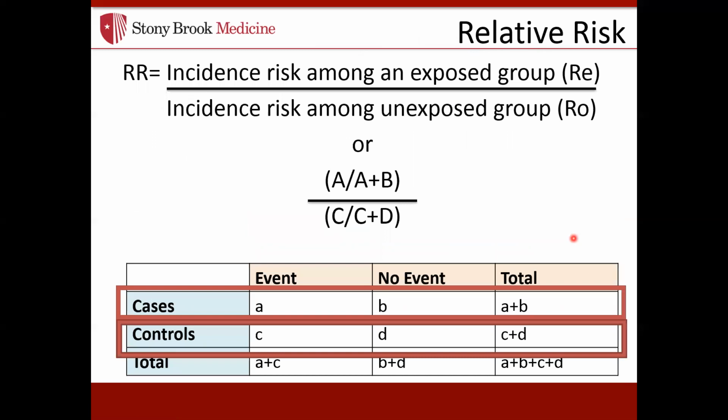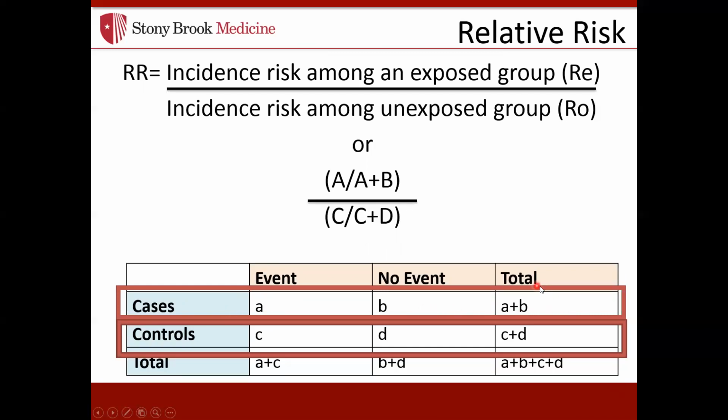So the first calculation we're going to look at is relative risk. And this is looking at the incident risk among an exposed group versus the incidence risk among an unexposed group. So how to calculate that? You would take your cases and you would do the number of events divided by the total amount in the cases.